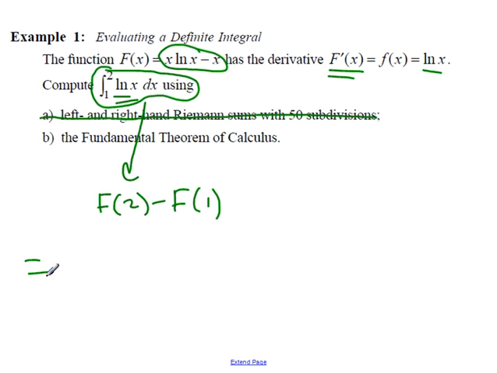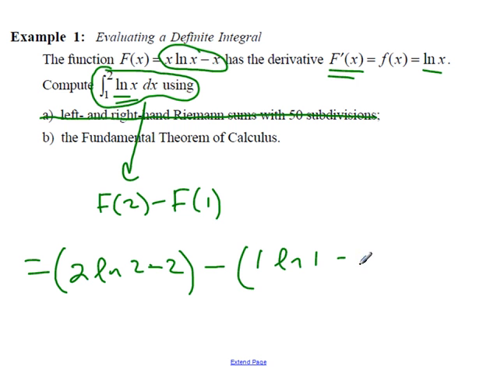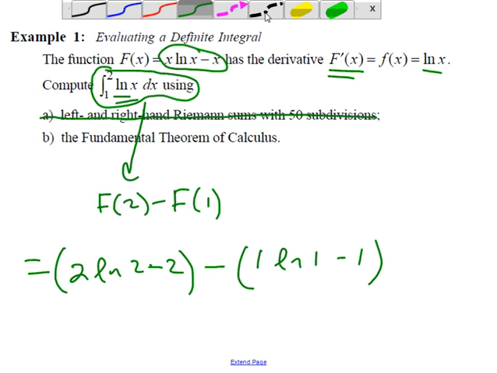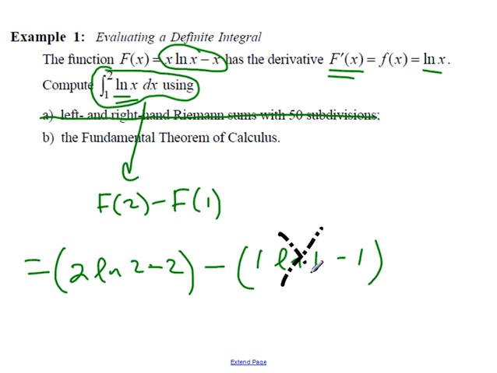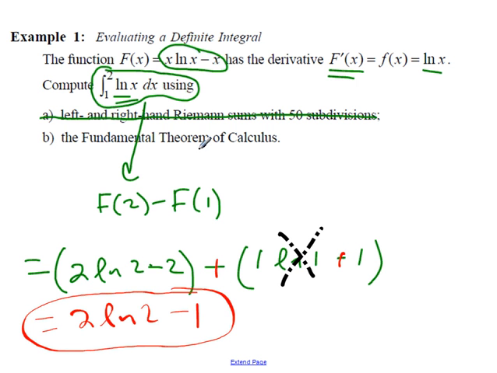Now plugging in, we have 2 ln 2 minus 2, that's F of 2, minus, putting in 1 into F of x, 1 ln 1 minus 1. And you guys are all good math students, and you know that ln 1 is 0. So, simplifying this, we get that this equals 2 ln 2, and then minus 2 minus minus 1. So this becomes a plus 1, so minus 1. And that's an exact answer for our evaluation of this definite integral.